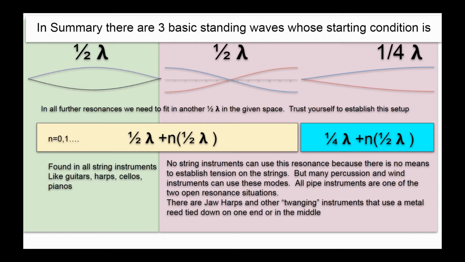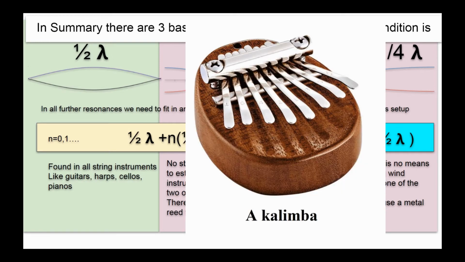What instruments use these? For a string, the only possible use is the one on the left, a node at either end. There's no way to resonate a string like this and keep it under tension. There are a few musical instruments that let you bend a metal tab. This mode would be slapping a ruler on a desk where you pinch it down with your hand and go boing with the ruler.